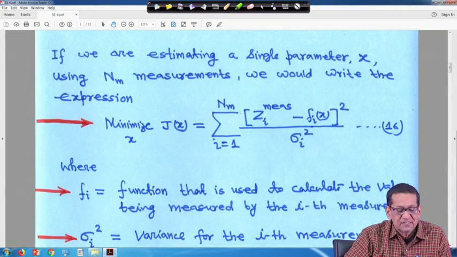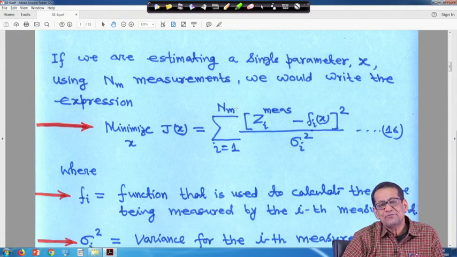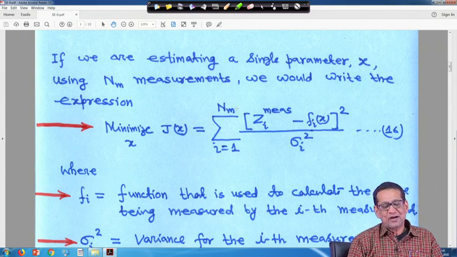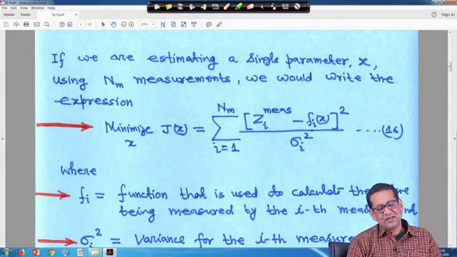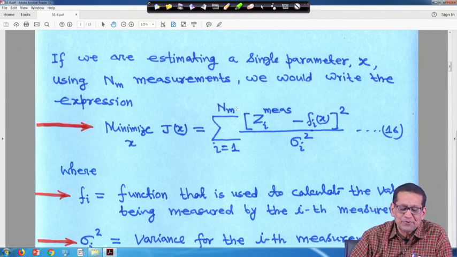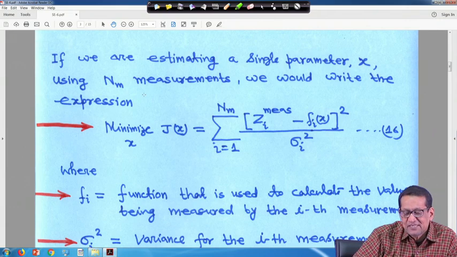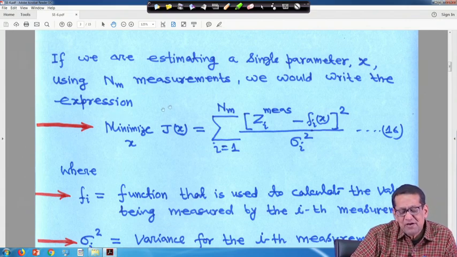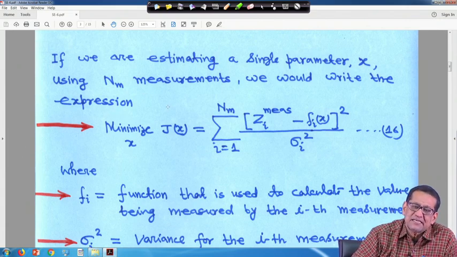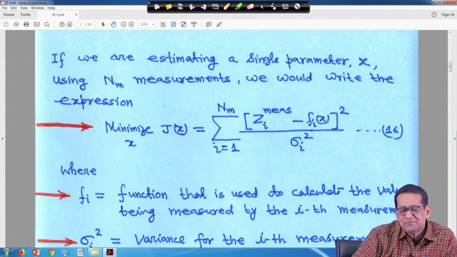Now, that is whatever we saw for 2 ammeters. Now, let us go a little bit deeper. If we are estimating a single parameter x using nm measurements, where m stands for measurement, we would write the expression: minimize the function J(x), the sum over i equals 1 to nm of (z_i measure, the ith measured variable, minus f_i(x)) whole square divided by sigma_i square.